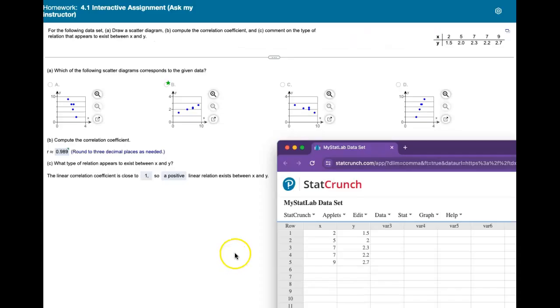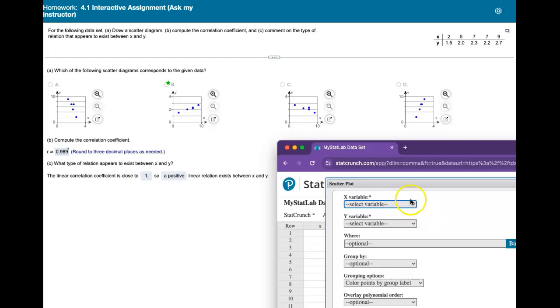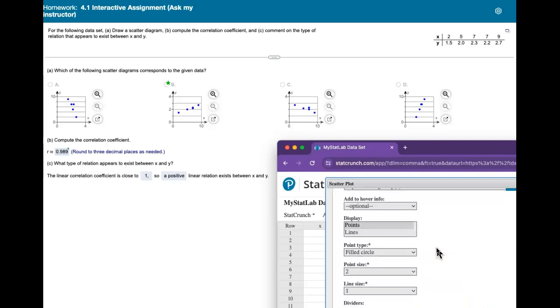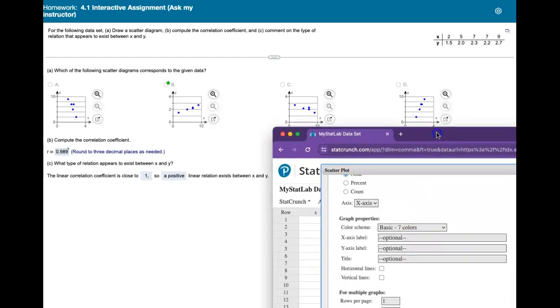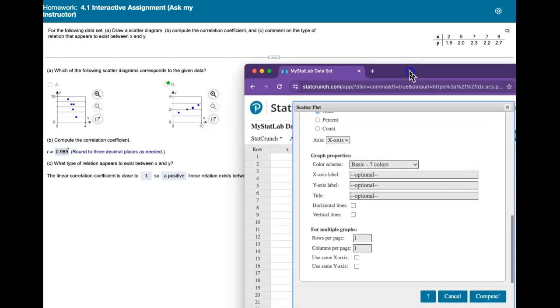And let's see. Okay, so we have our data in StatCrunch, and what we're trying to do is draw a scatter diagram, and that's pretty easy with the graph. All we have to do is go over here and hit graph, go down to scatter plot, choose our two variables, x and y, and then we'll go down to the very bottom of this, and I'm going to have to scoot it up a little bit, hit compute.